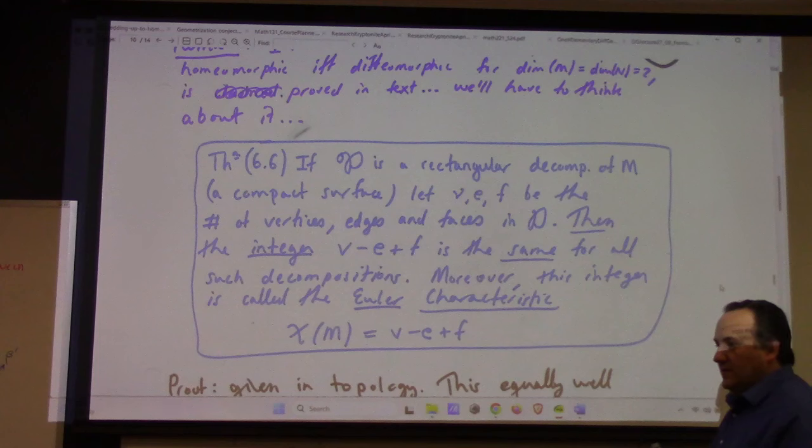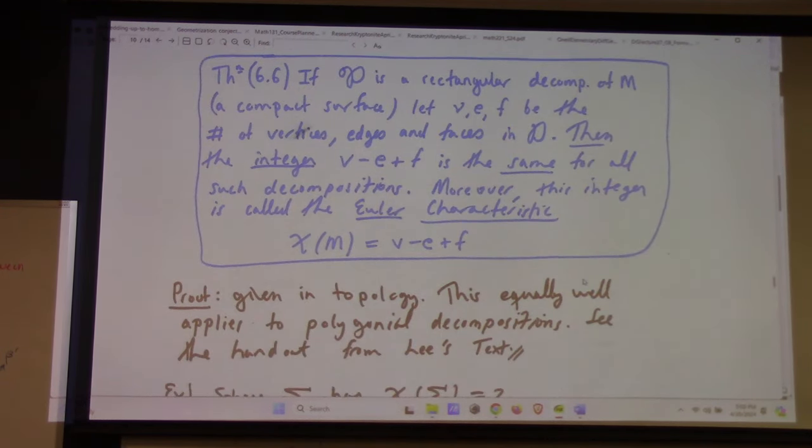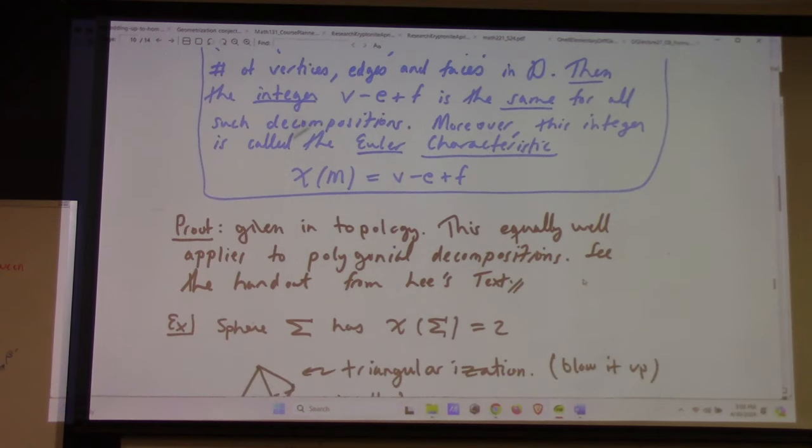This is one of the most famous early results in topology. This predates most of the rest of the field. You know who Euler was? He's an 18th century mathematician, and this is his. This and the bridges of Königsberg problem were some of the very first things.